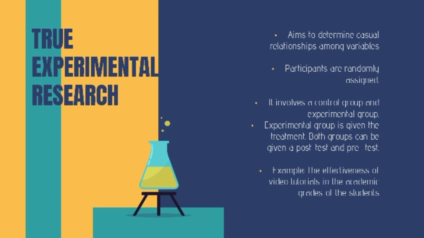And it can be concluded that this is because of the treatment given to them, which is the video tutorial. Therefore, the treatment has an effect on the accumulated scores of the students. That is an example of a true experimental research.